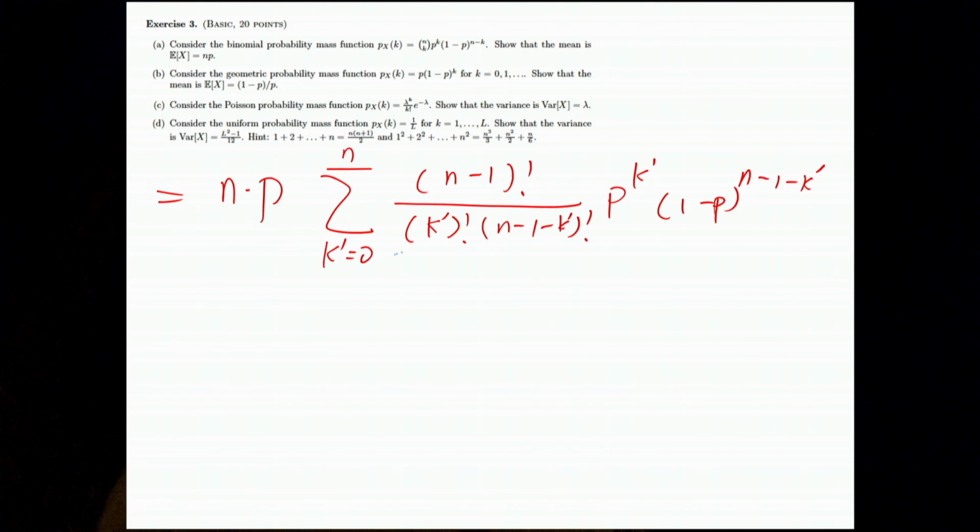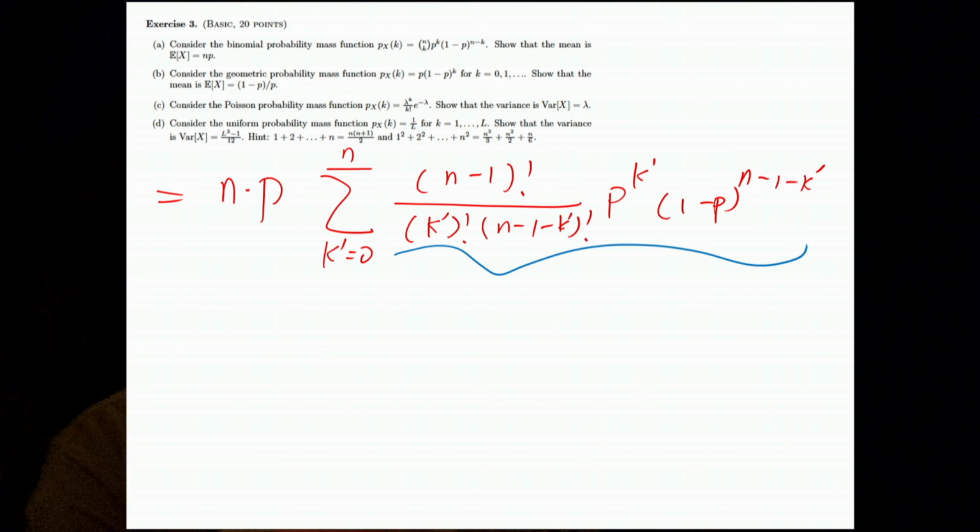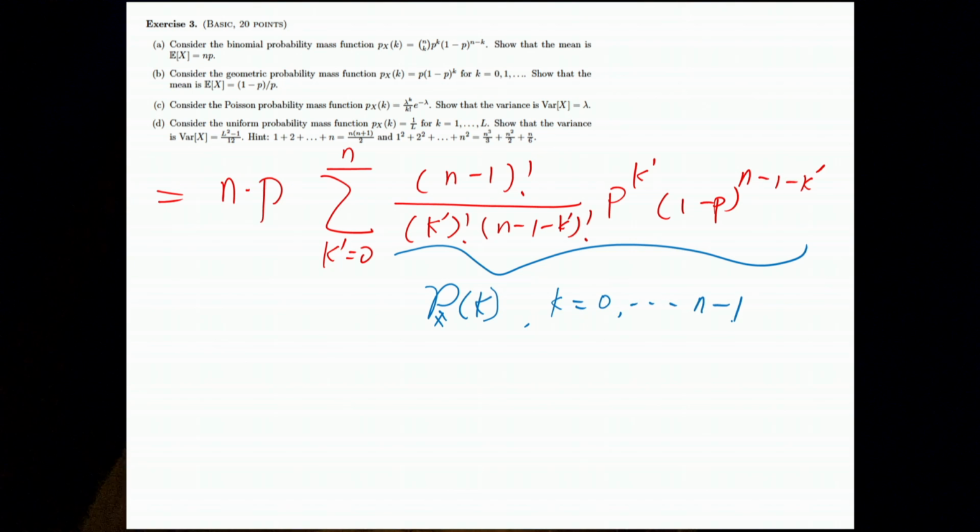What is this? If you look at it carefully, this is a PMF. It's also a binomial PMF of k, and k is from 0 to n minus 1.